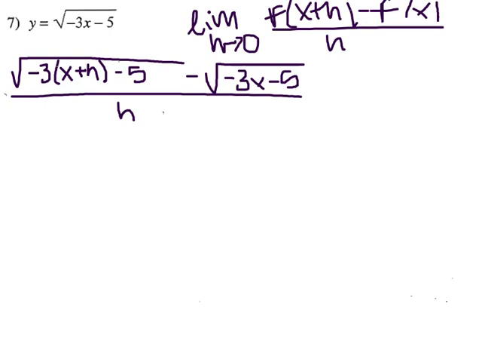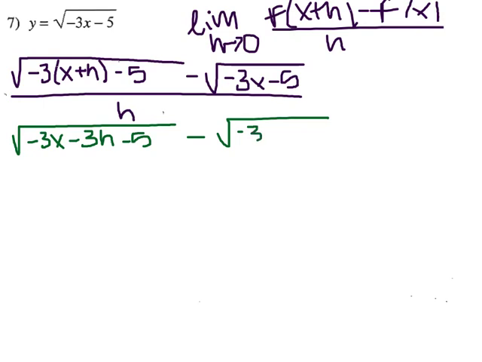So let's go ahead and simplify the inside of the one that we can. We will get negative 3x minus 3h minus 5 minus the square root of negative 3x minus 5 all over h.